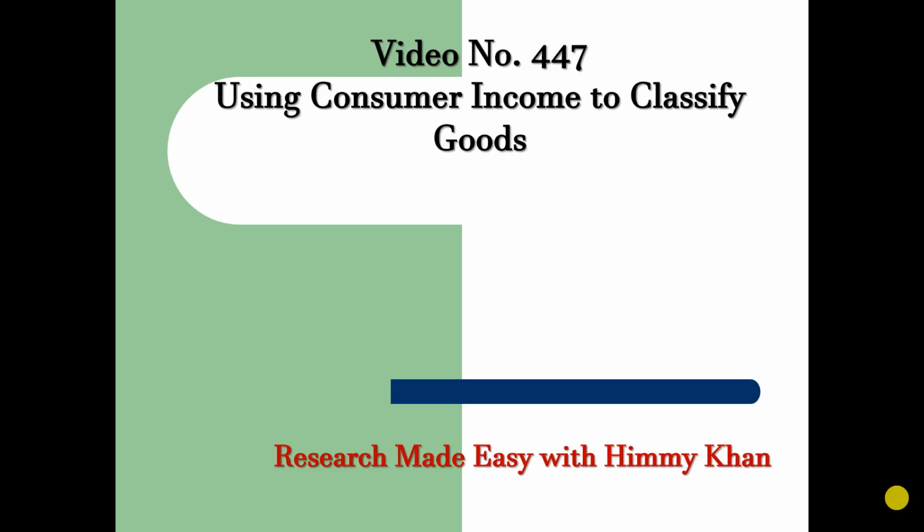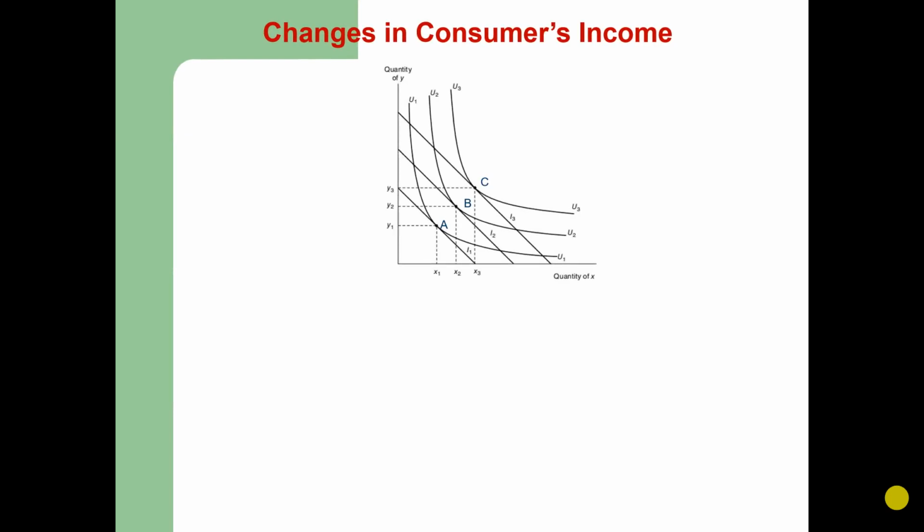In this video, I'm going to use consumer budget or income to classify various goods. As an individual's purchasing power rises, it is natural to expect that the quantity of each good purchased will also increase. This situation is illustrated in this figure.